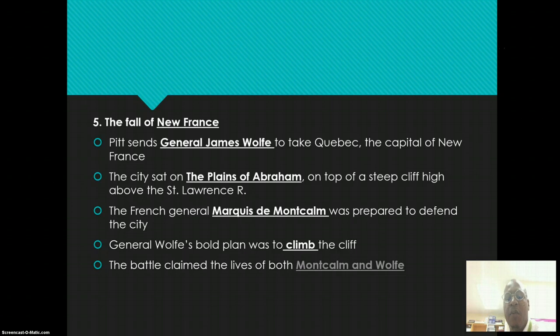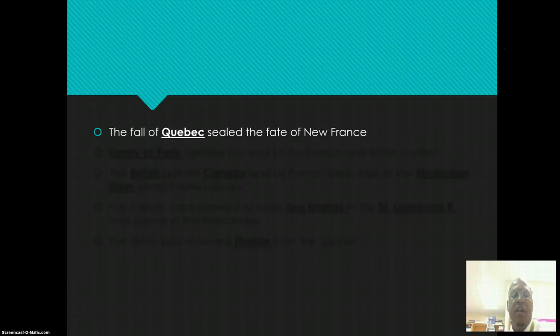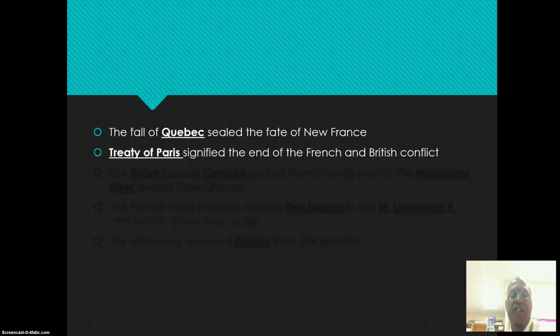In this process, both Montcalm and Wolfe are killed. The British are now in control of most of the forts in the areas that the French have claimed. Consequently, the fall of Quebec seals the fate of the French.